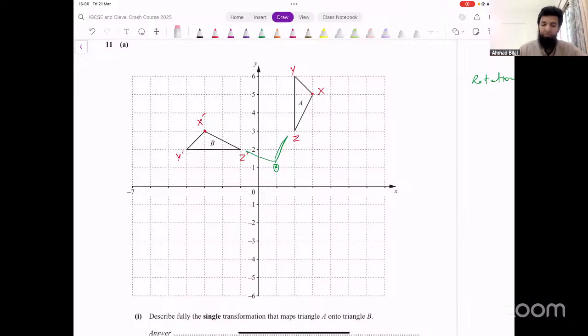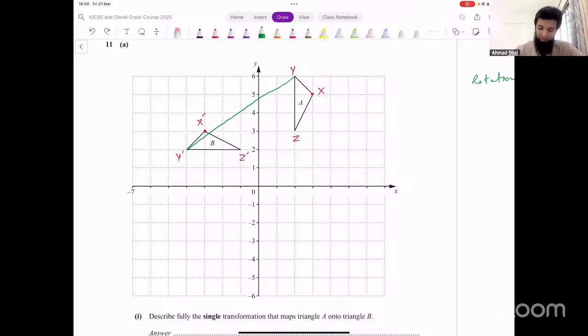Okay. The other idea is, of course, the more formal method in which you draw perpendicular bisectors. Perpendicular bisectors of corresponding points. So you would join y and y bar. Perpendicular bisector of that, you draw that perpendicular bisector. What is that going to look like? It's 5 units, 6 units right, and then 4 units up.